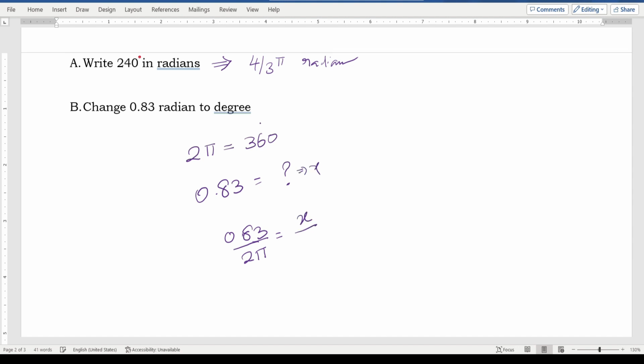We need to find x. So 0.83 divided by 2 pi times 360 equals x. Cancel each other, 180 degree.